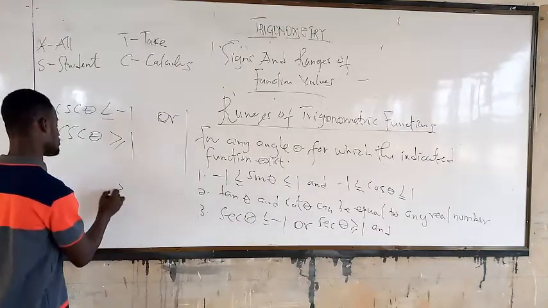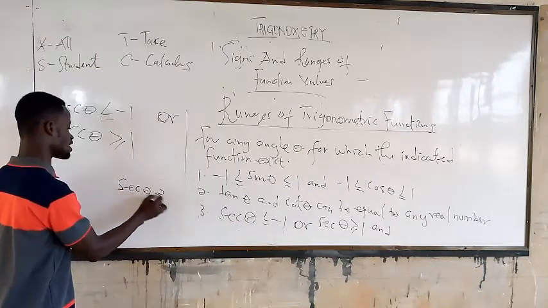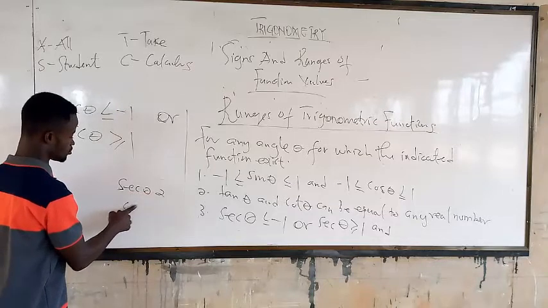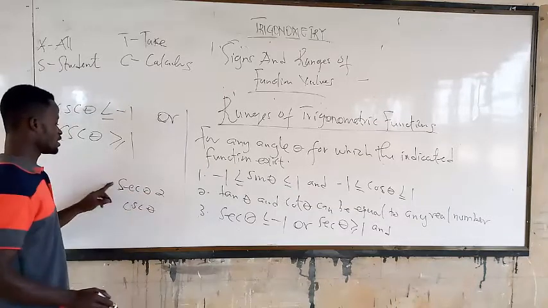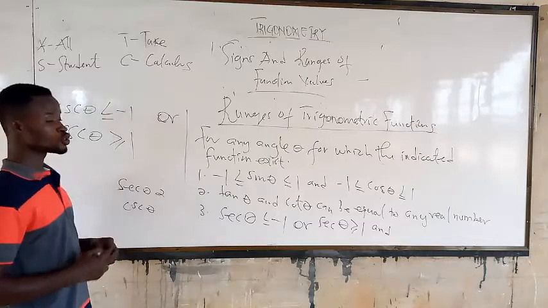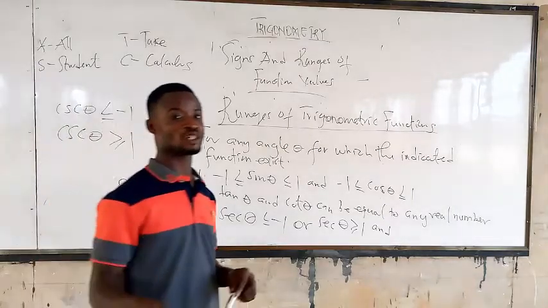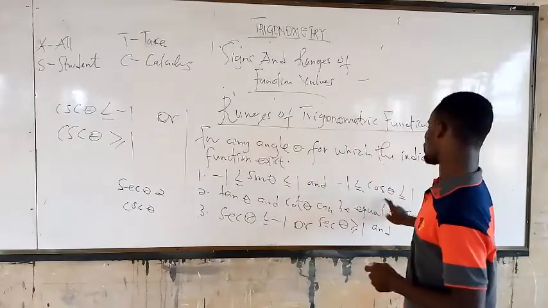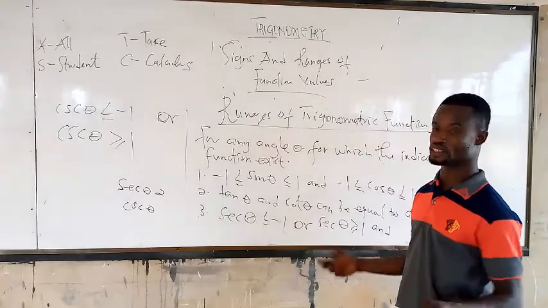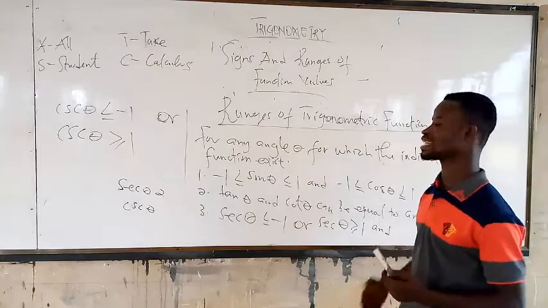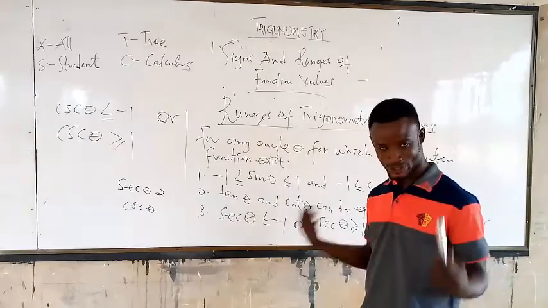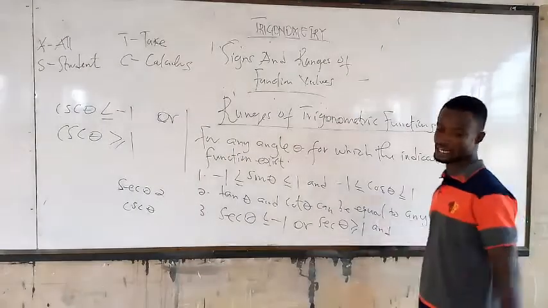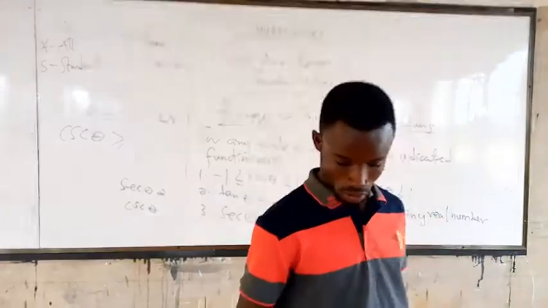Do you know why? Do you see that sine theta and cos theta are in the same range? Some may think that the reciprocal identity gives the same thing, but here it doesn't work like that.